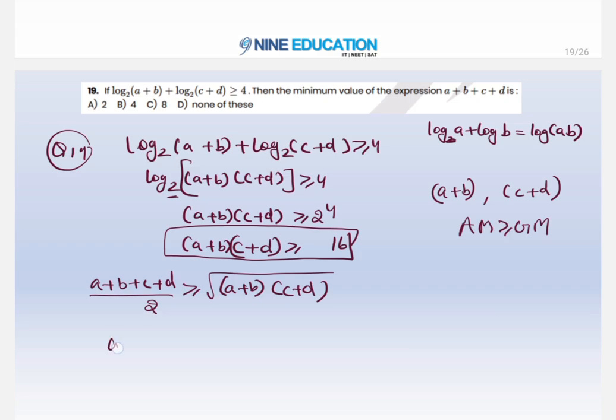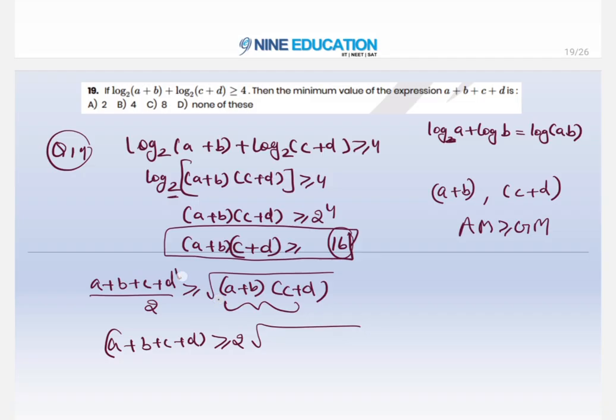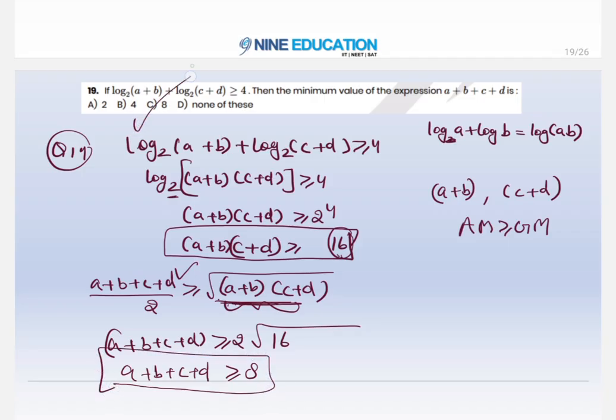So a plus b plus c plus d, whose minimum value we need to find, should be greater than or equal to 2 multiplied by this particular expression. We need to find the minimum for this, and it is minimum at which value? At 16. So write 16 here, which gives 8. So a plus b plus c plus d is greater than or equal to 8. Minimum value is 8. Option C is correct.